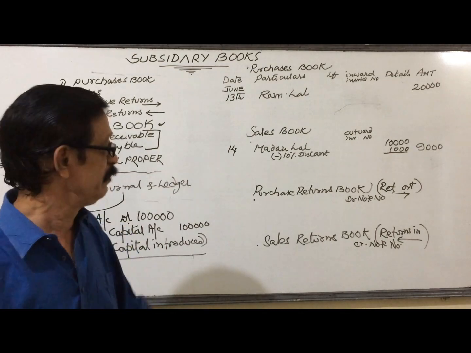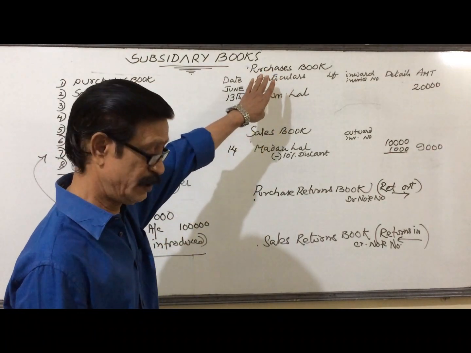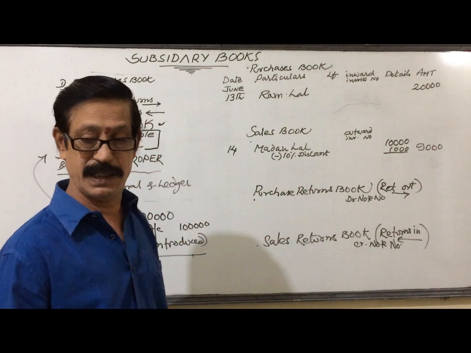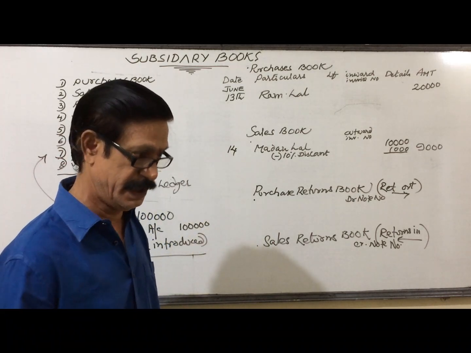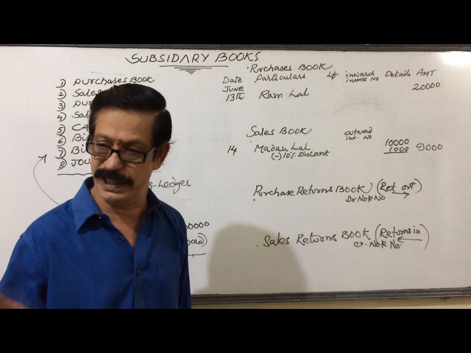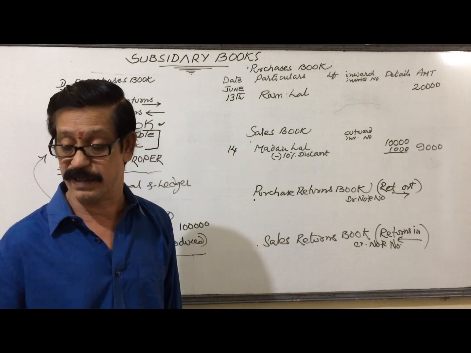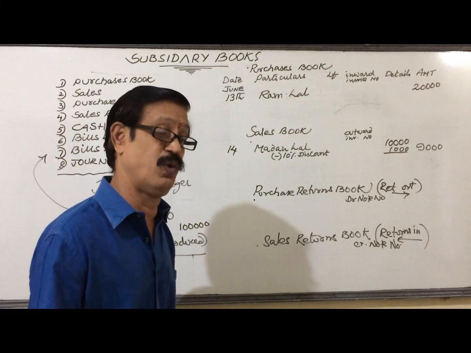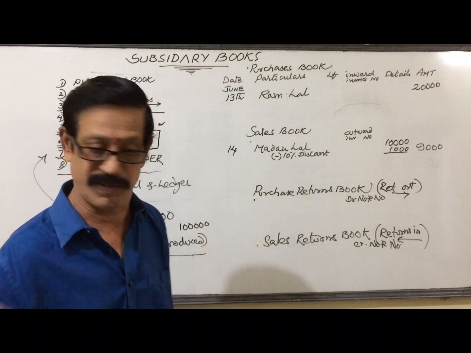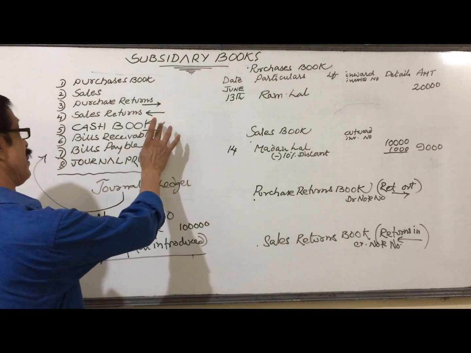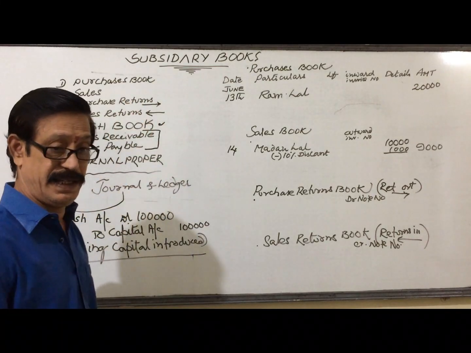No problem. Here we are maintaining 4 books: purchase book, sales book, purchase returns and sales returns. In these books we are entering only goods. Assets are not recorded. We are entering only credit transactions. Cash transactions are not entered, cash transactions are entered in the cash book.